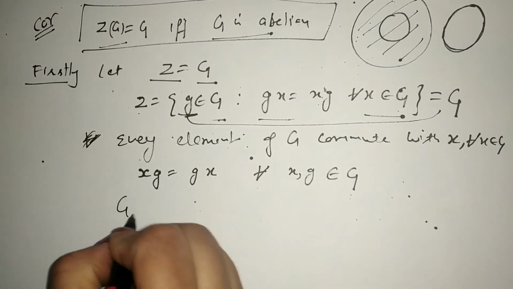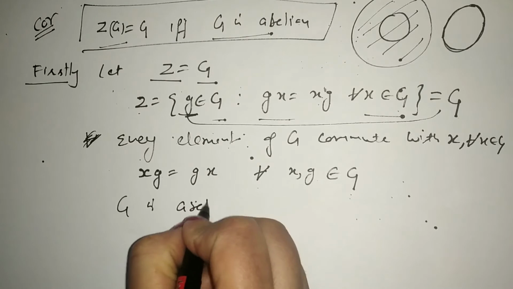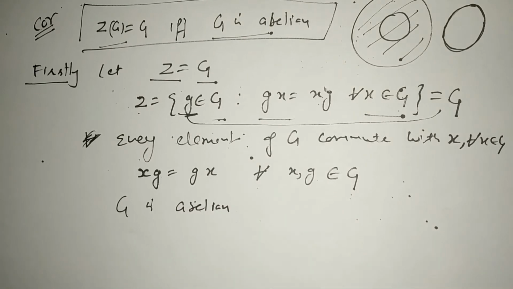That means G is abelian. Abelian group means the commutative property holding for each element.